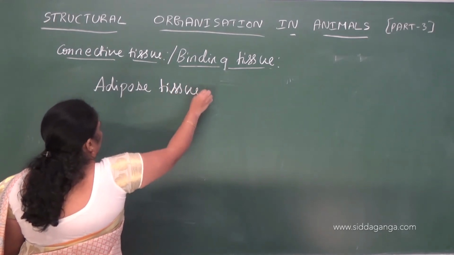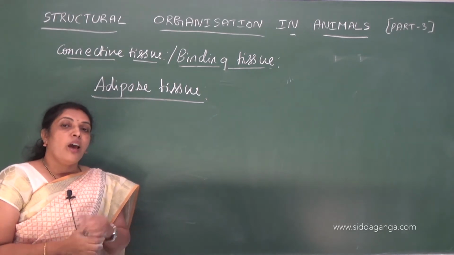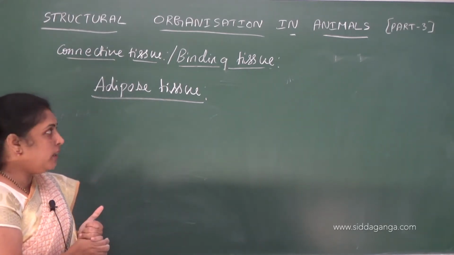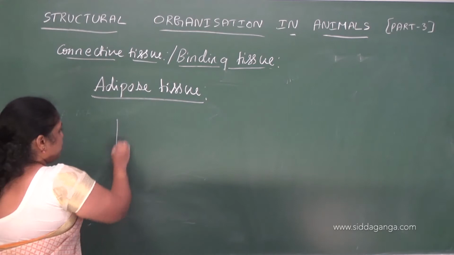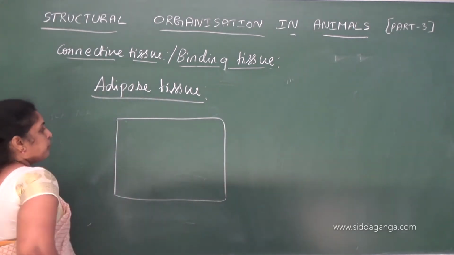Loose areolar connective tissue is present beneath the skin and provides support to the epithelium. Adipose tissue is also present beneath the skin and around blood vessels.